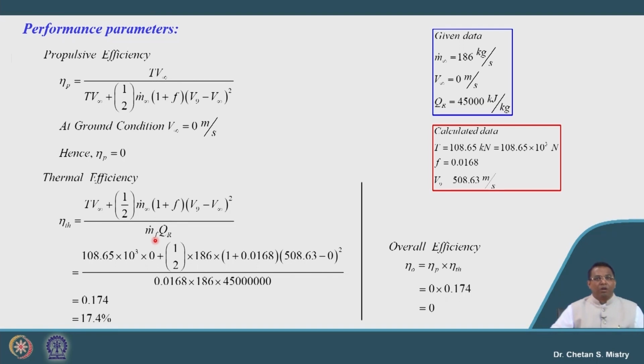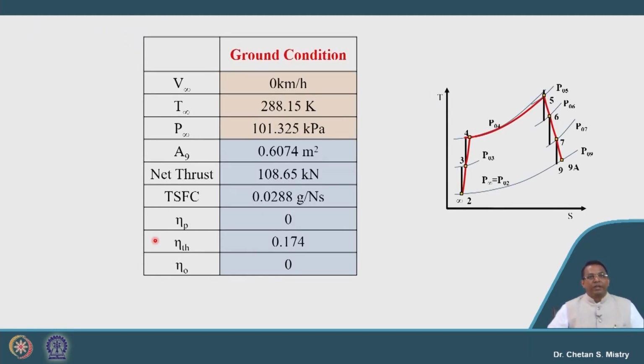Okay. Now, let us try to understand the effect of change of parameters. Here in this case my V infinity is 0 kilometers per hour, and P infinity and T infinity are atmospheric conditions. We have done our calculation for the exit area, net thrust, thrust specific fuel consumption and thermal efficiency.